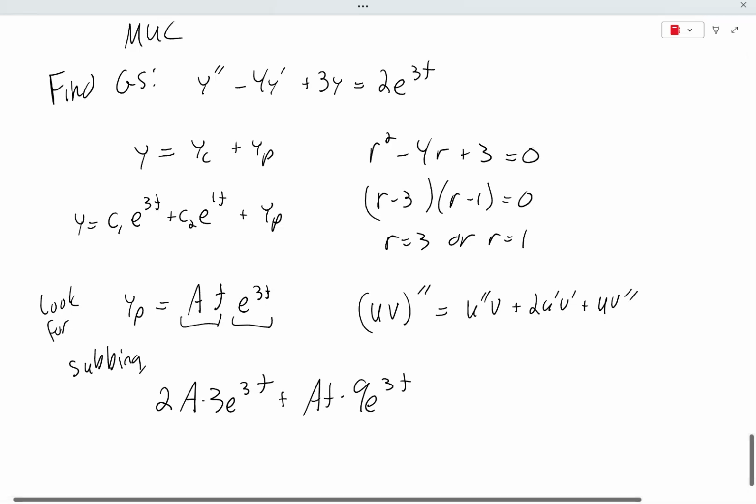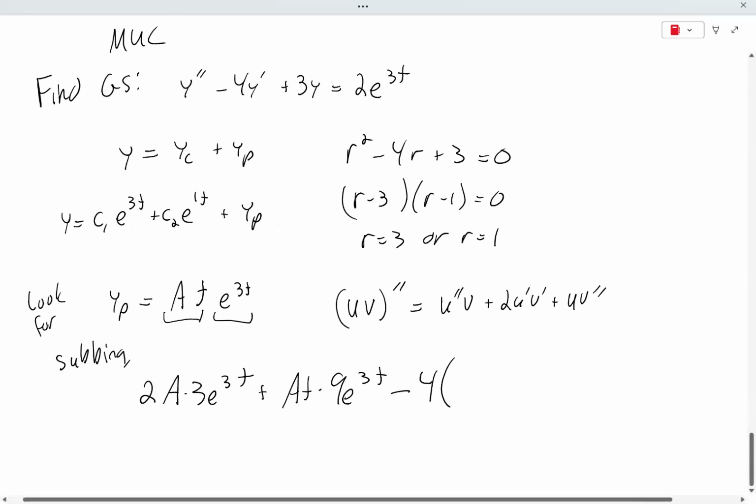Okay. If you don't like that particularly, what you could do is just take a derivative and then take another derivative after that, and then clean it up, and that's your y double prime. But that's not too bad there, I don't think. And then minus 4 times, I'm subbing in here. So y prime is just a single derivative of this. Okay, so use the product rule there again.